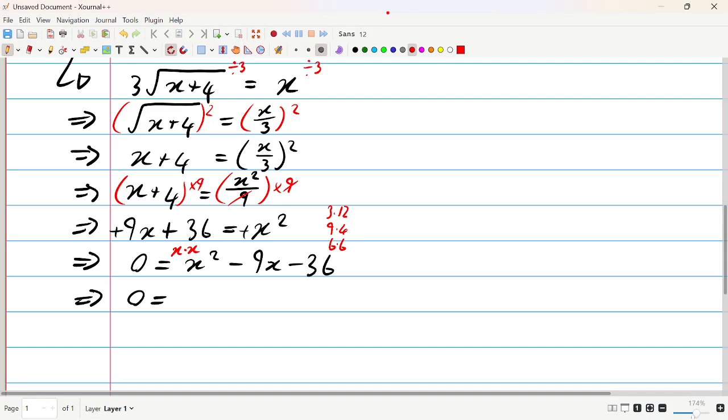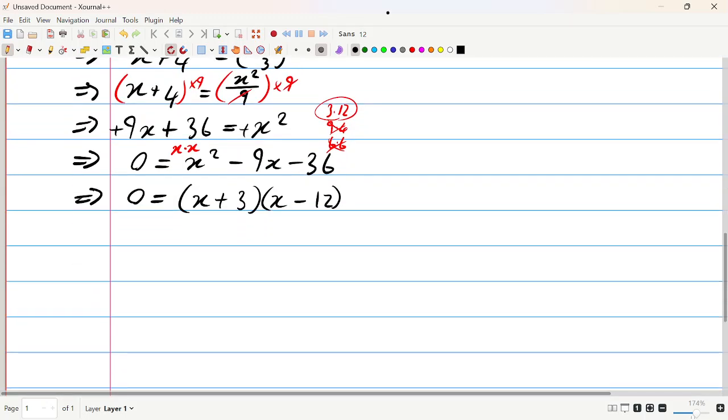But what gives us 9? We can clearly see that 6 and 6 doesn't give us 9, 9 and 4 doesn't give us 9. But notice that 12 and 3 does, because 12 minus 3 is equal to 9. So therefore, we're going to use that. We have x over here and x here as well, close that bracket, and then 3 and 12. The highest one gets negative, and a negative times a negative gives a positive, so the positive goes to the remainder.